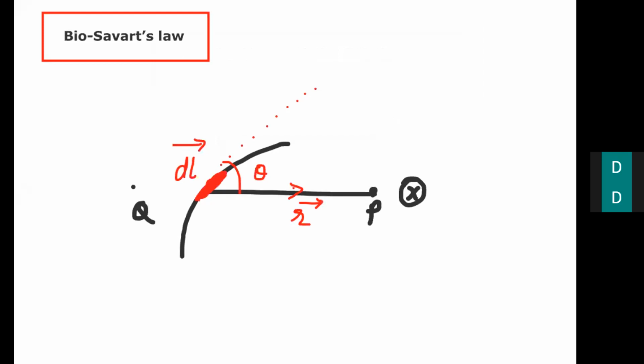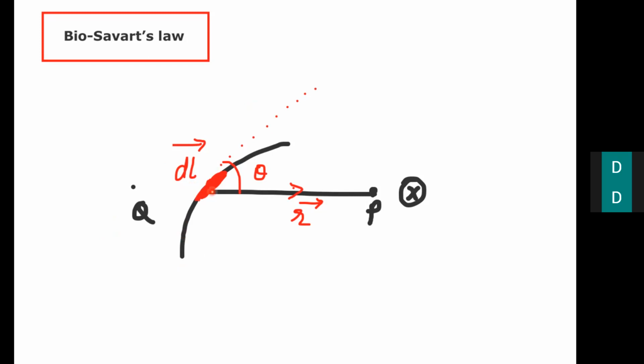In this diagram, there is a charge Q which is located over here. Here is the charge Q, and there is a wire which is carrying the current, and it is carrying the current element dL, whose length is dL.